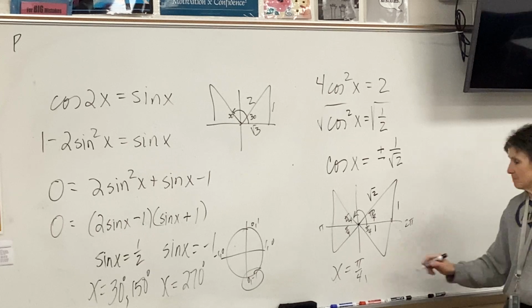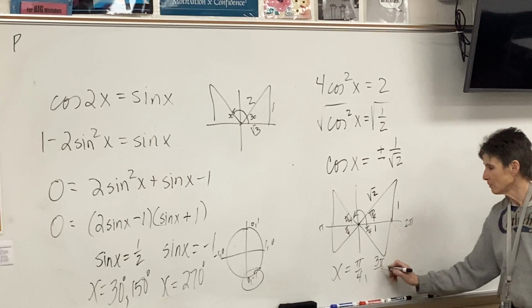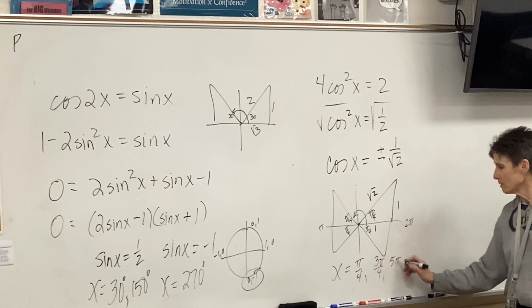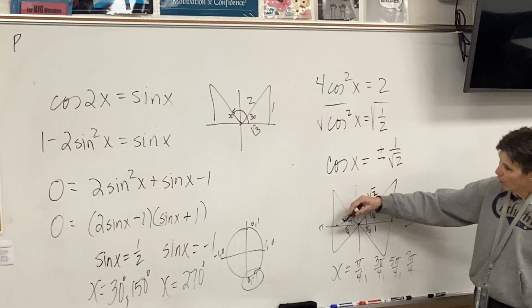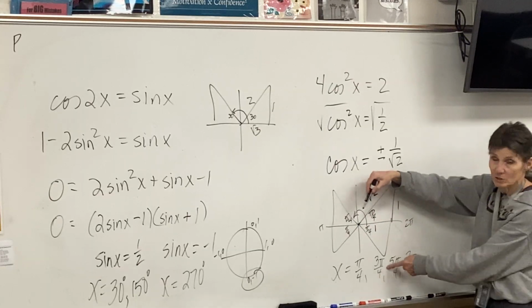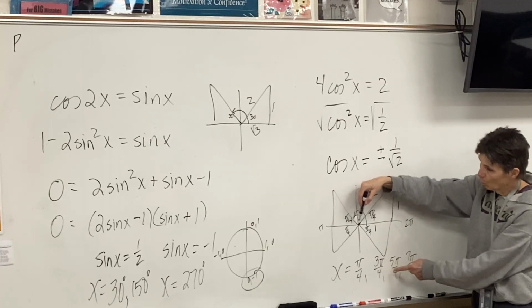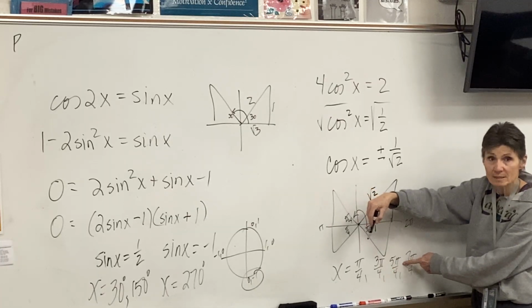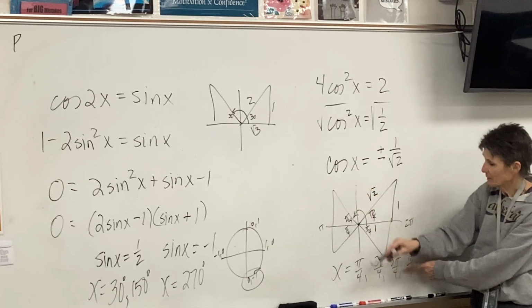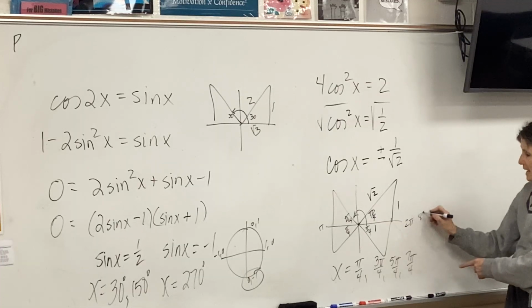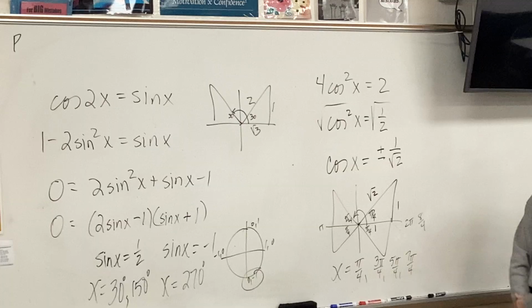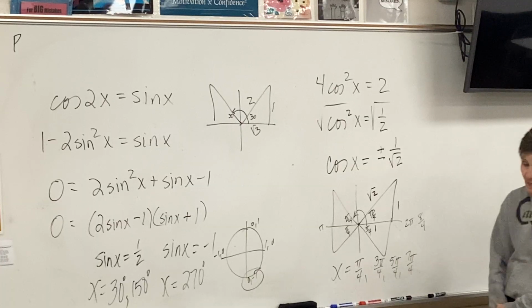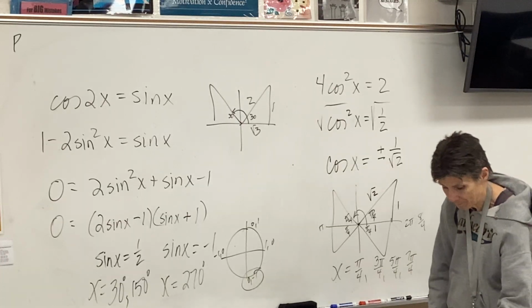So hopefully, you're coming up with 3 pi over 4, 5 pi over 4, and 7 pi over 4. 1 minus a fourth is 3/4. 1 plus a fourth is 5/4. And 2, which is 8/4, minus a fourth is 7/4. So there are the answers to that one.